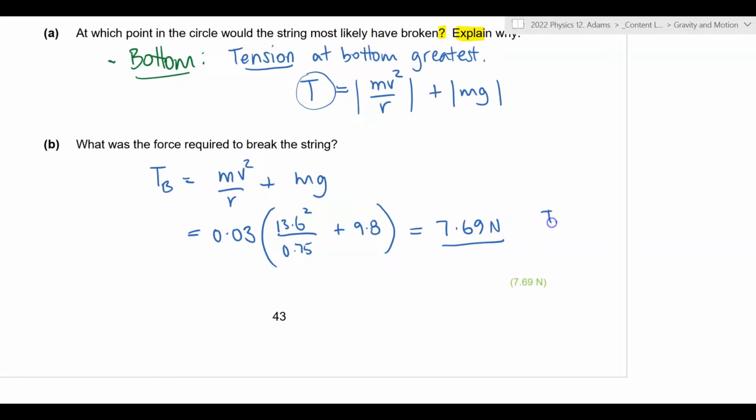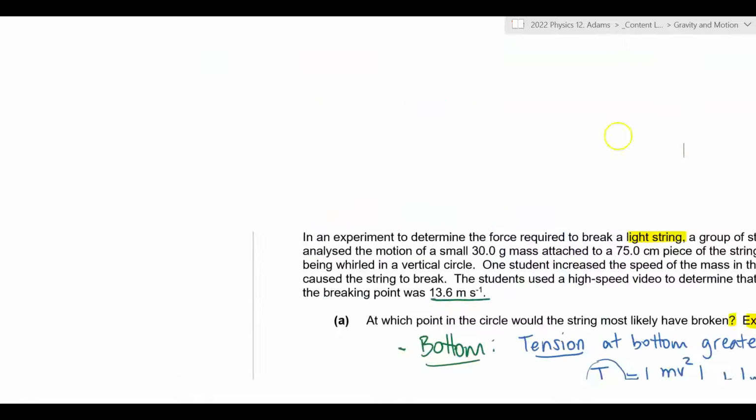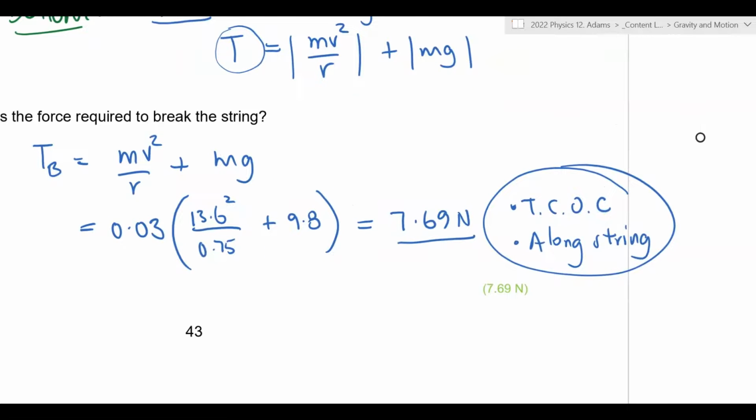We could say towards the center of the circle, or we could say along the string, because there's only one way the tension can act in a piece of string or rope or chain. It's along the length of it. So take your pick. Towards the center of the circle or along the string.